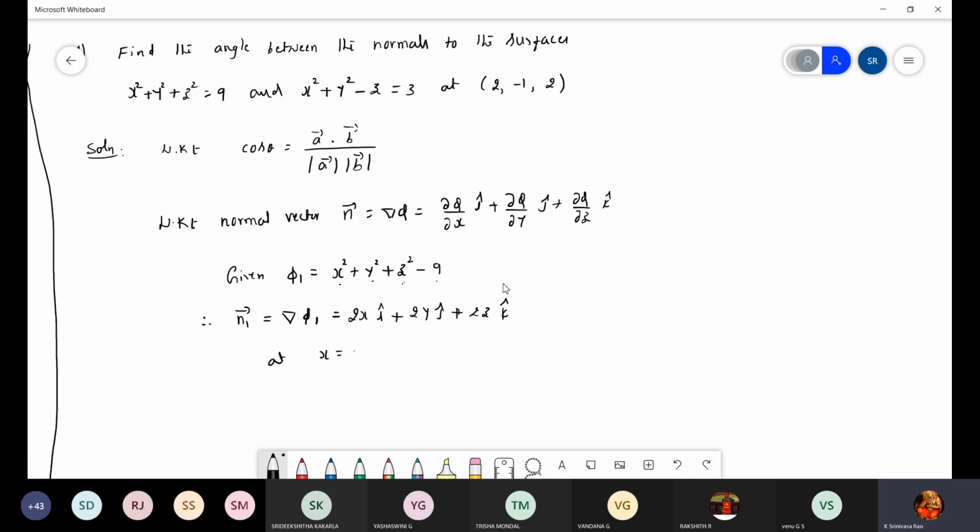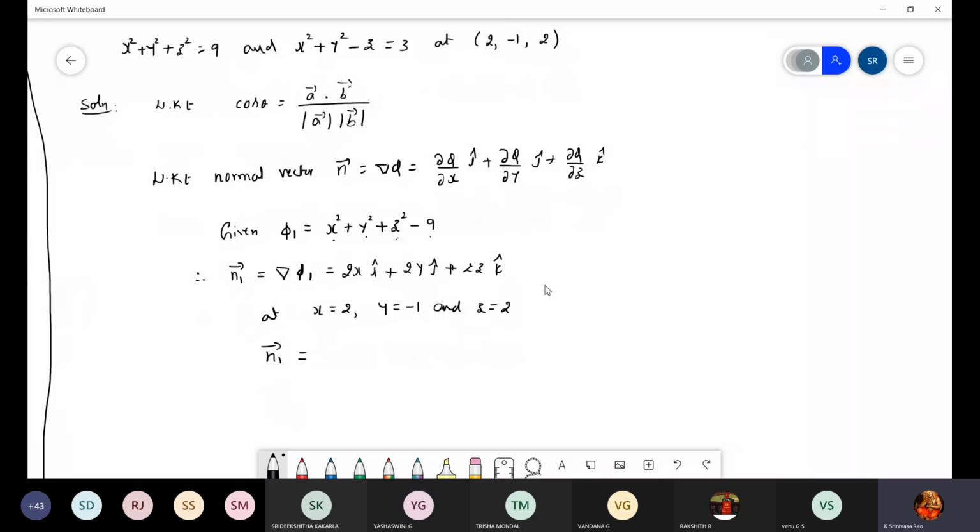At x equals 2, y equals -1 and z equals 2, you will get n1. I will write just n1, not grad phi 1, to keep it simple. Substitute the points: 2 into 2 gives 4 i cap, since x is 2.